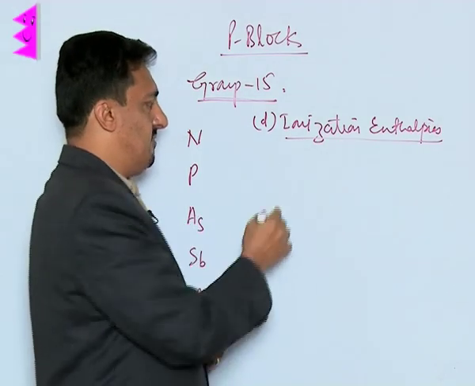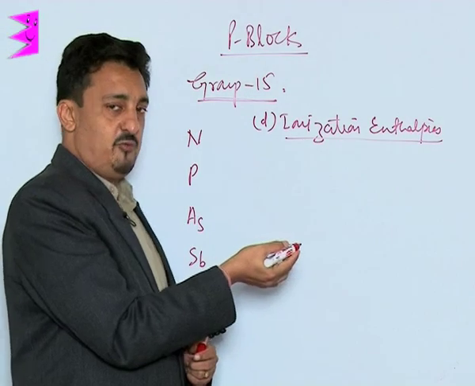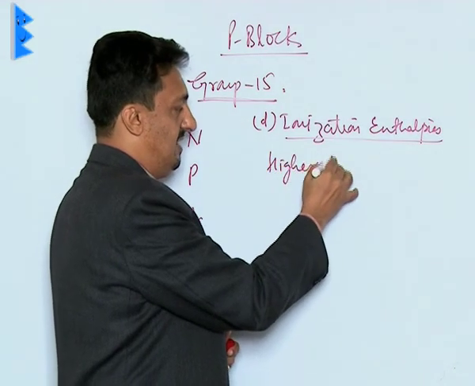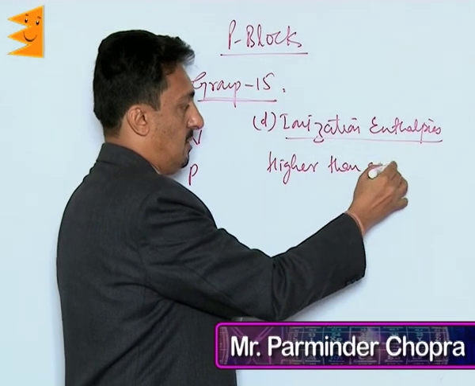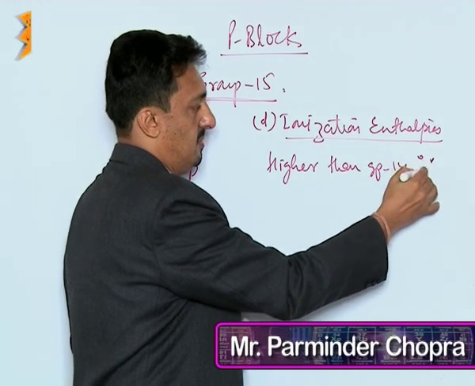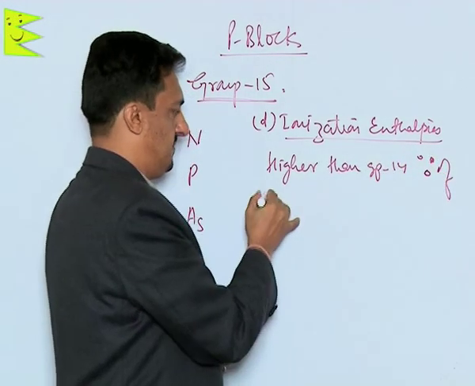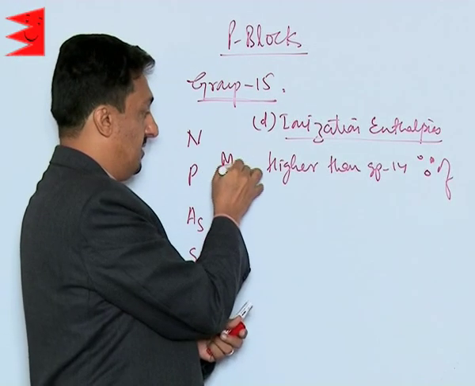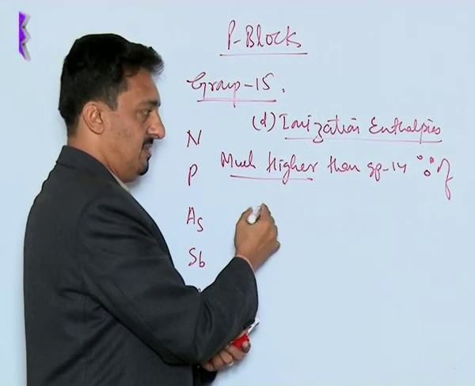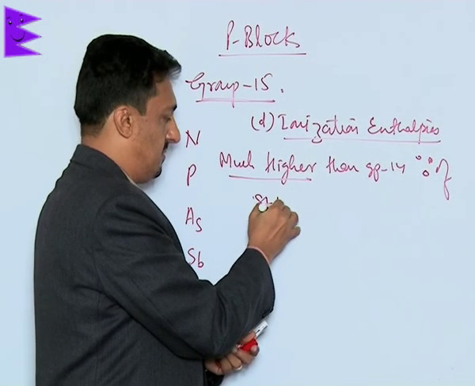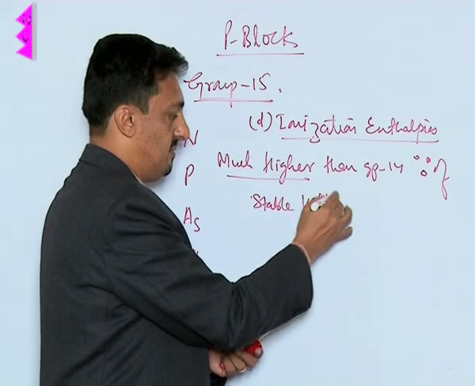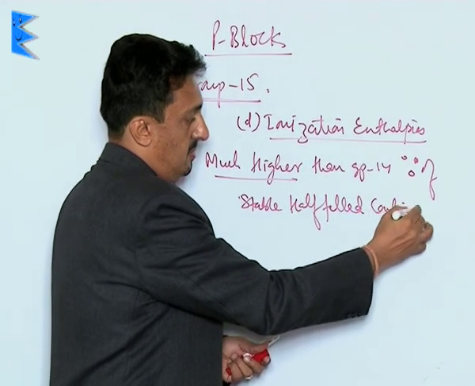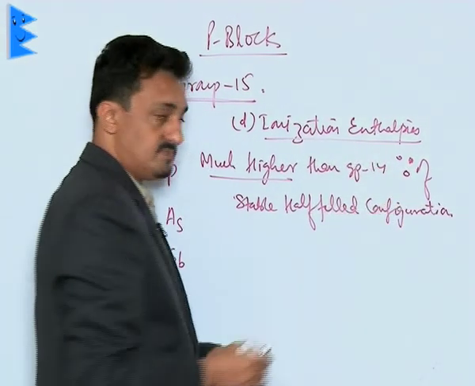When we compare ionization enthalpies of group 15 with group 14, it is much higher than group 14, not only because of a smaller size, but because of the stable, half-filled configuration.